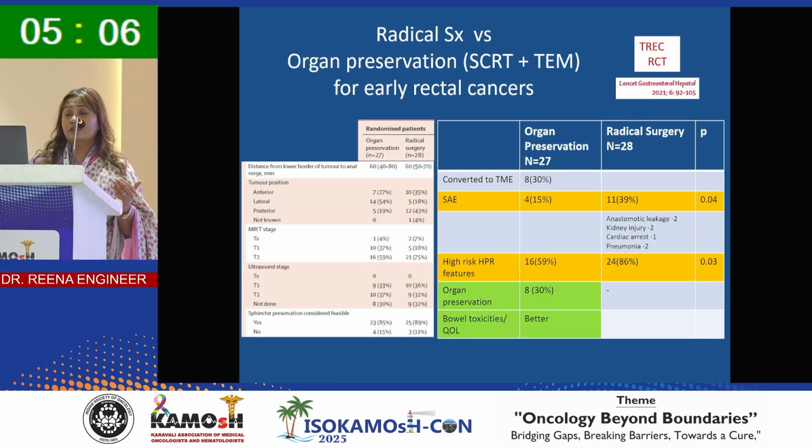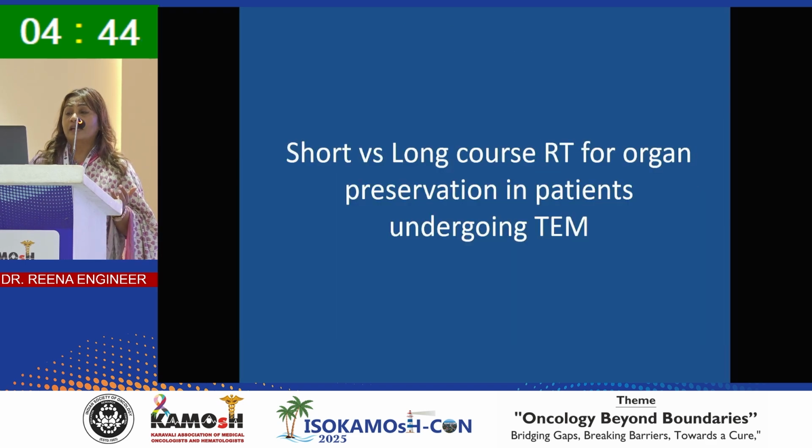And this study, TREC, compared organ preservation with short course radiation and local excision versus TME. Again, we see that organ preservation was achieved in 30% of the patients, and quality of life was superior in the organ preservation group, who underwent short course RT followed by excision.